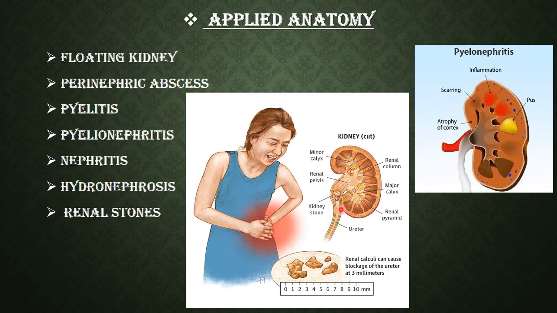If it is at the upper part of the ureter, then the pain will extend a bit to the lower back. If the stones are present at the lower part of the ureter, then that pain may extend from the lumbar region to the groin region. And if those stones come into the urethra, then the pain may come at the genitals. This is a very common condition which we face in clinical practice.